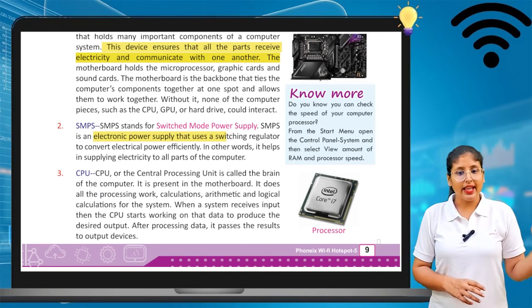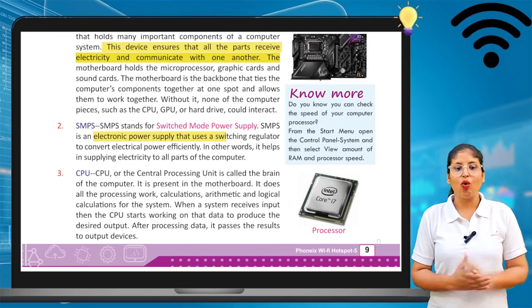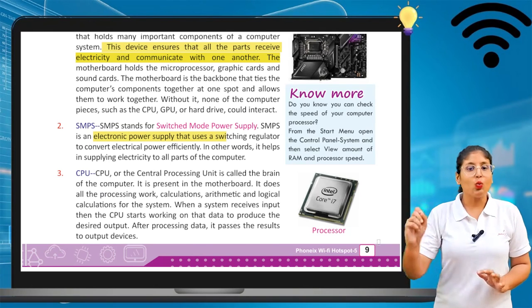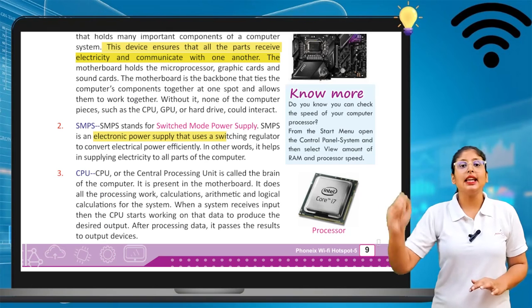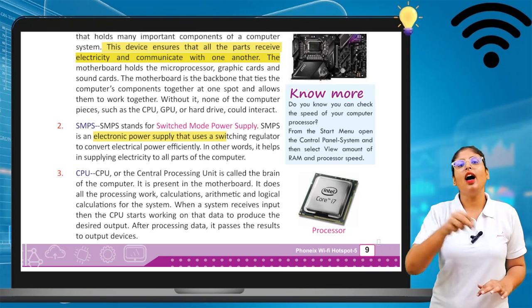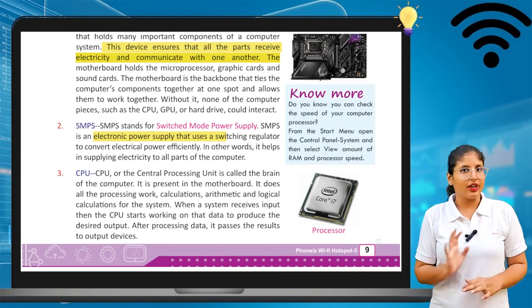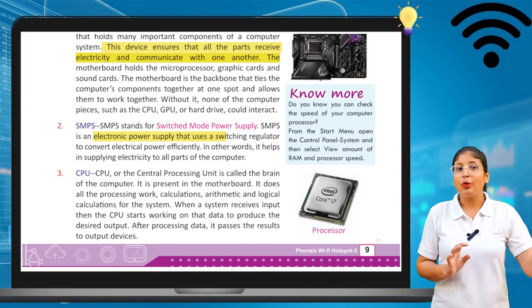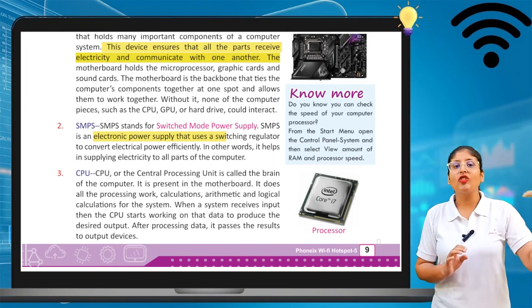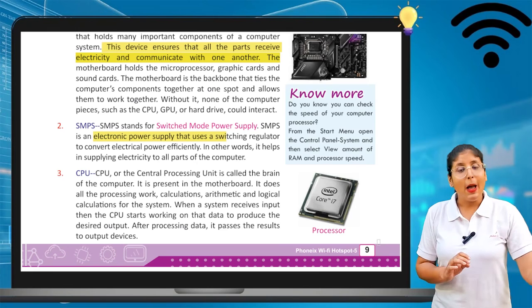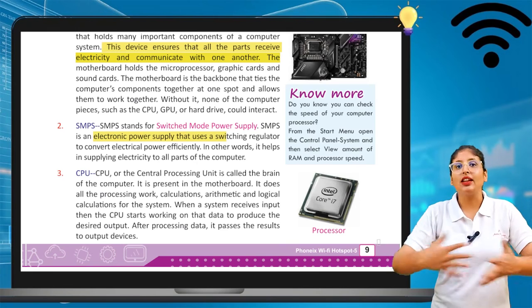In other words, it helps in supplying electricity to all the parts of the computer. The motherboard ensures that all the parts of the computer are receiving electricity or not, but SMPS gives electricity to all the parts of the computer.